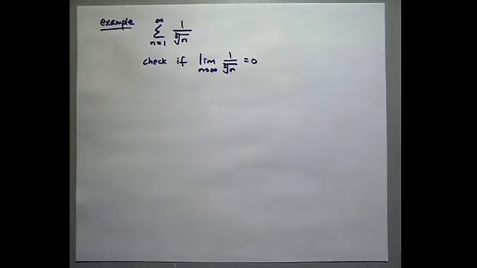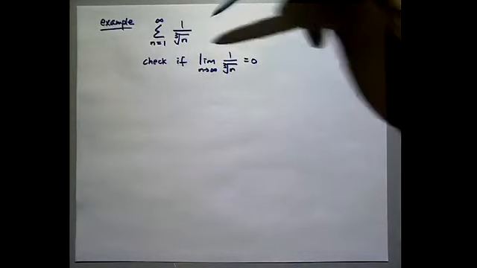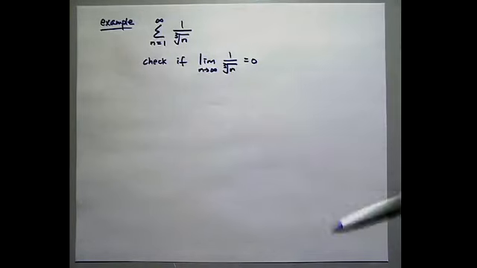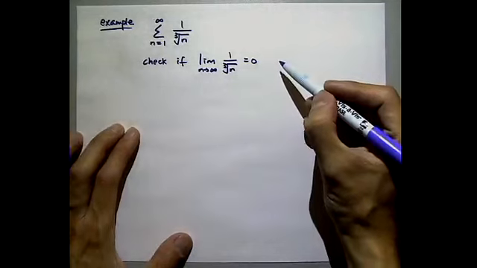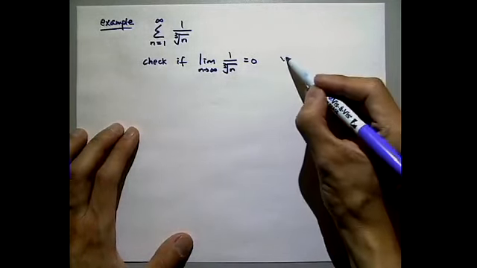If it doesn't go to 0, then this thing will certainly diverge. If it does go to 0, then this may converge. Then we look at the integral test. Does it go to 0? Pretty clearly, yes.